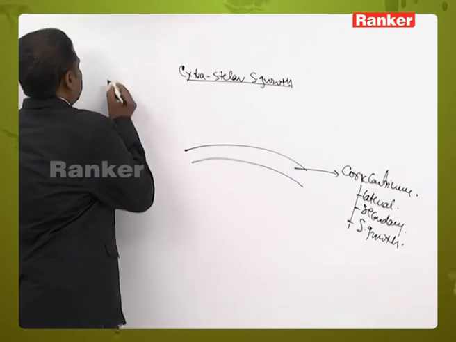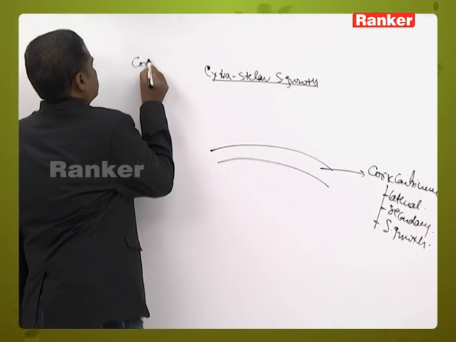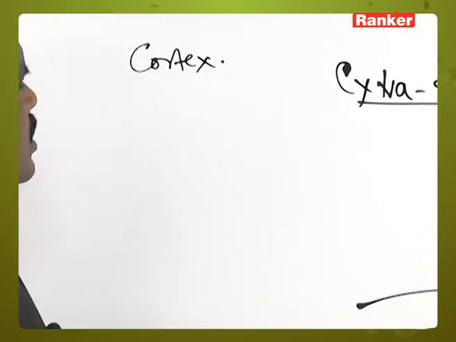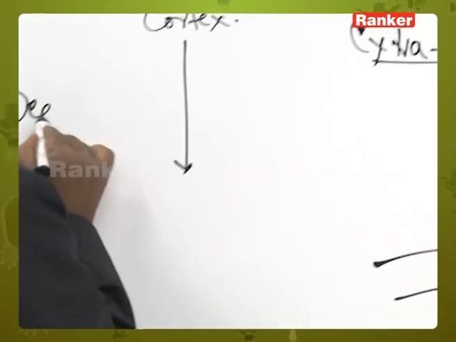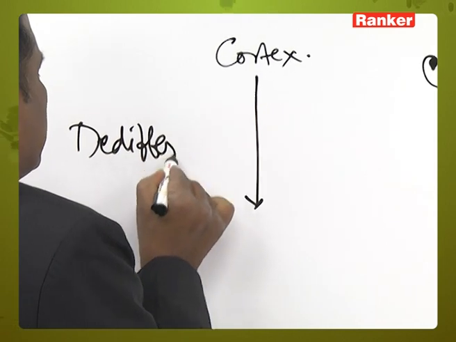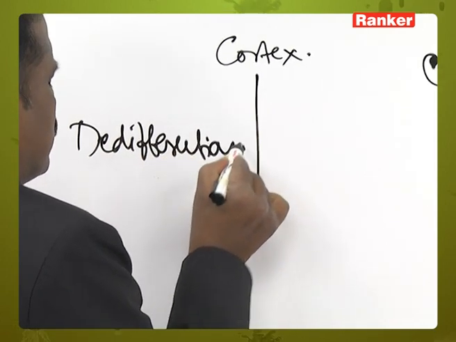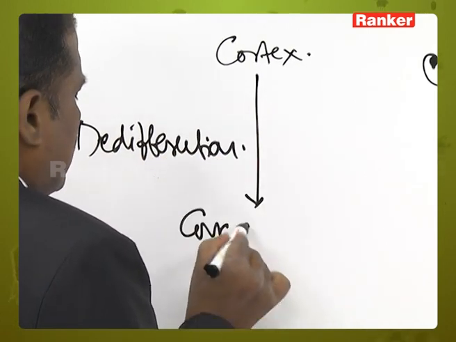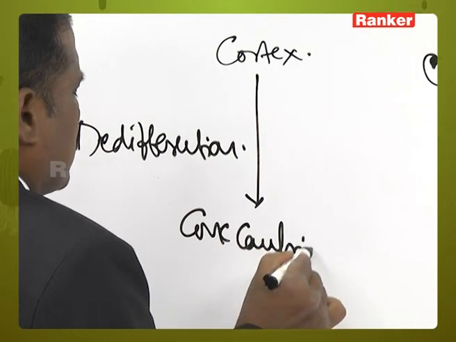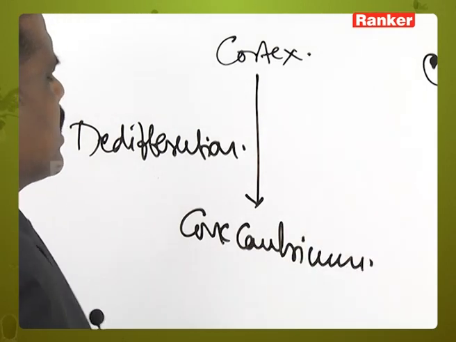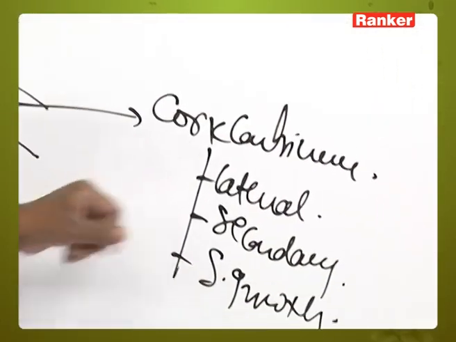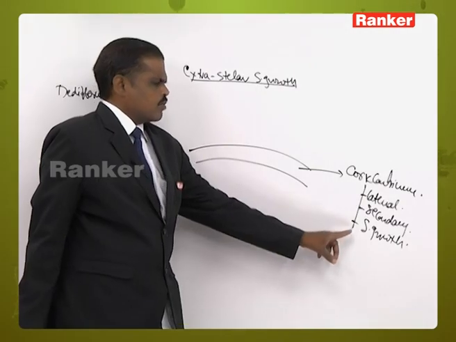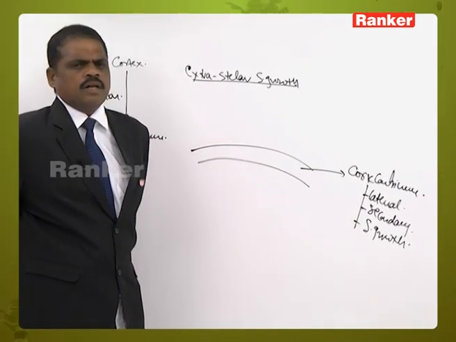All of you know the cortex parenchyma present in the cortex undergoes dedifferentiation and produces cork cambium. That's why cork cambium is secondary in origin, lateral in position, and the growth is extrastelar secondary growth.